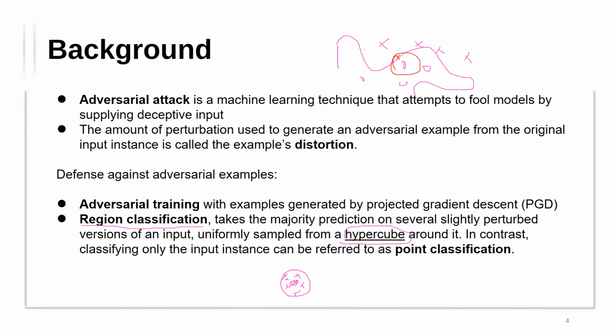When we keep dropping out neurons, the classification boundary will change slightly. Let me use the colors. One dropout may change the boundary this way, and another dropout may change it that way. The new boundaries will be different, but similar to the original boundary. So the idea is that we keep perturbing the boundary to see whether the prediction is still preserved. That might be another way to look into it.